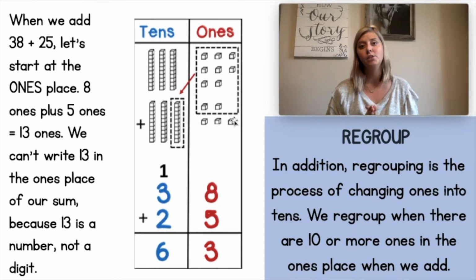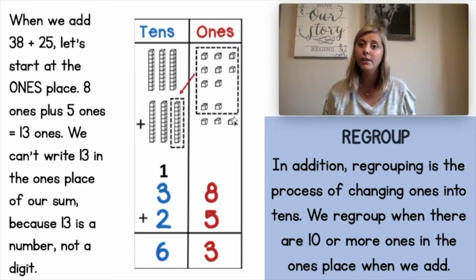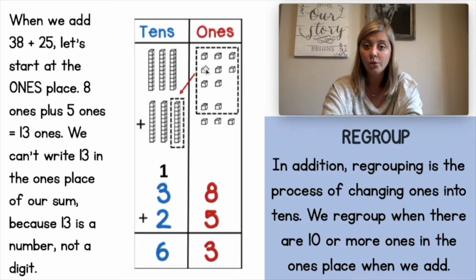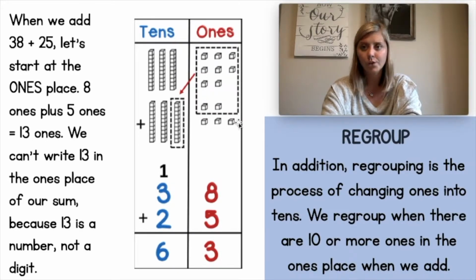When they added, they started at the ones place, which is a good idea when you're using a base 10 model for sure. So when they counted their ones, they got 1, 2, 3, 4, 5, 6, 7, 8 ones, 9, 10, 11, 12, 13. 8 ones plus 5 ones equals a total of 13 ones.